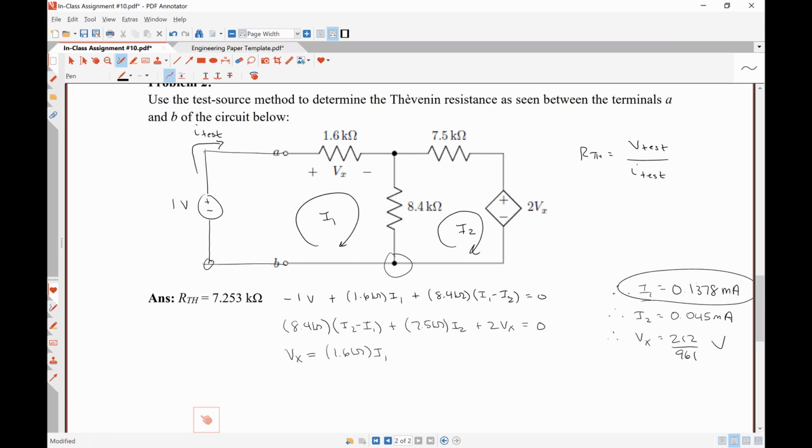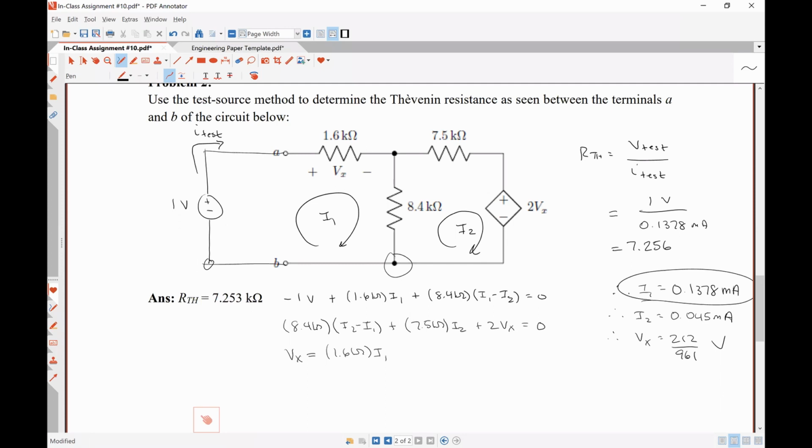So what is V test, which is 1, divided by I test, which is 0.1378 milliamps? I got 7.256 ohms. Oh, wait, hold on.